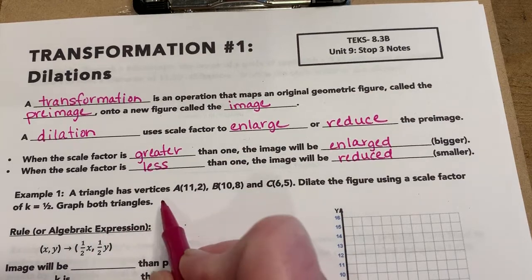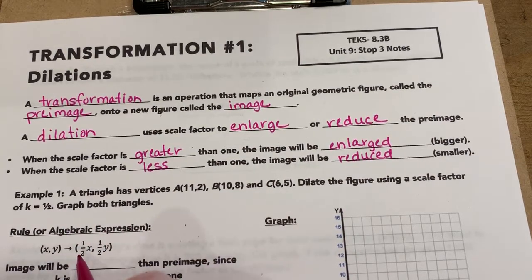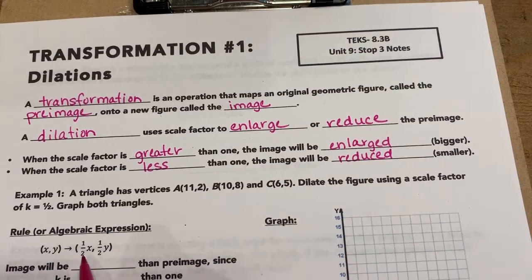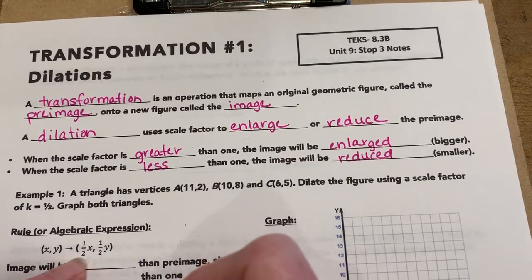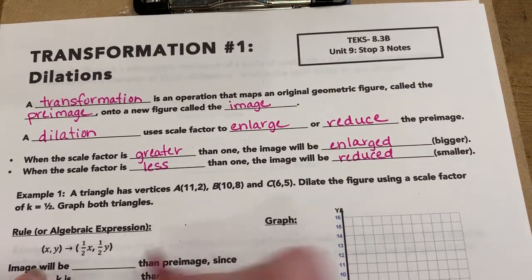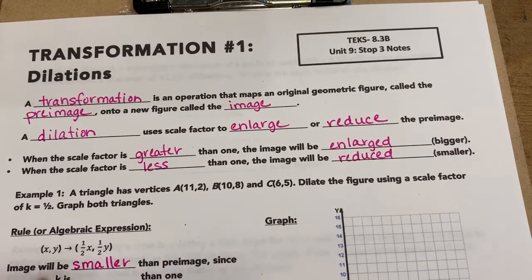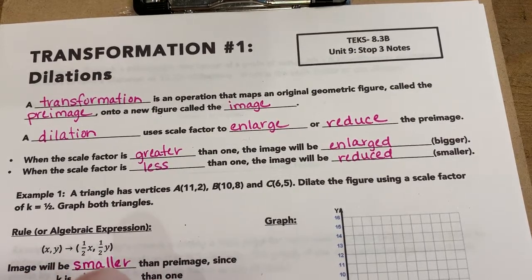So here, since the scale factor is 1/2, we're going to multiply both of the coordinates by 1/2. So we're starting with (x, y). To get to our new point, we're going to multiply 1/2 times x, and then we're going to multiply 1/2 times y. All right, so the image, because the scale factor is 1/2, okay, the image is going to be smaller. It's going to be reduced.